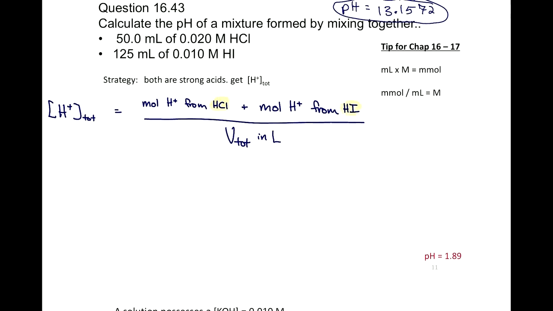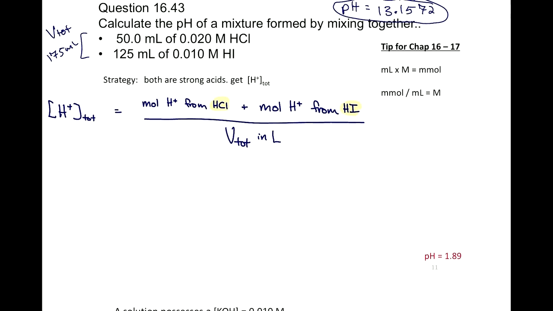The other is coming from HI, another strong acid, and it has a total volume. So what's the total volume? 175 milliliters, all right? So I need to figure out the total amount of H plus present once I mix these things together, to get pH.